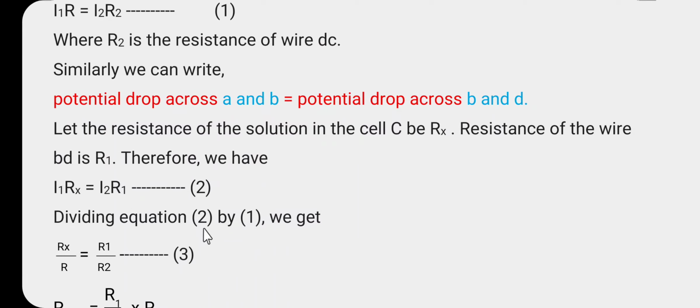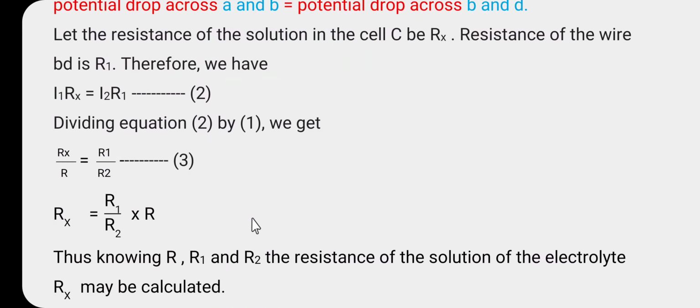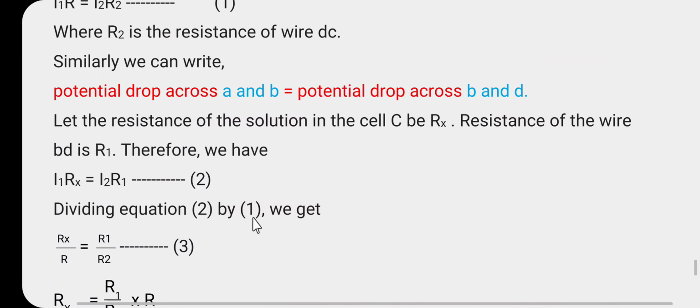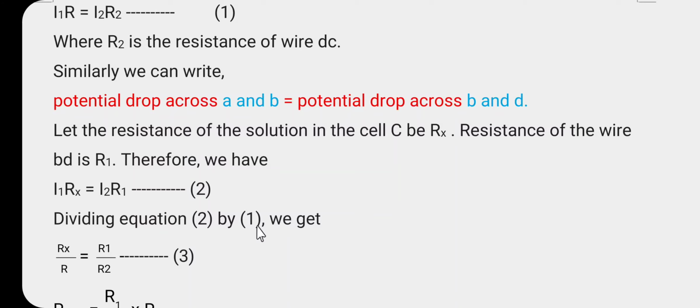Dividing equation 2 by 1, I1 is cancelled, I2 is cancelled, and finally we can write Rx divided by R is equal to R1 divided by R2.